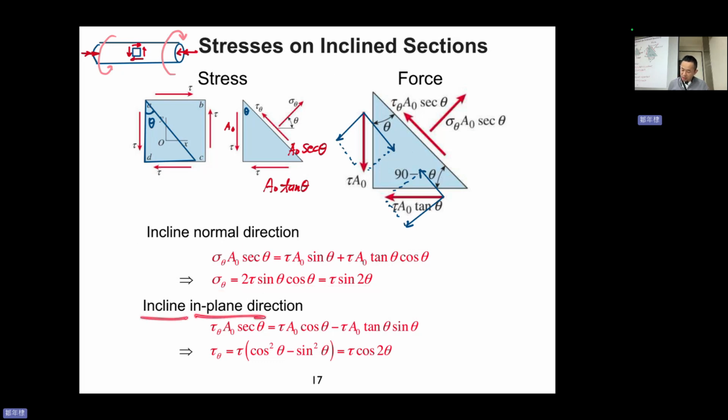And in the in-plane direction, this one and that one and that one, summing together, we get tau theta equals blah blah blah. Okay, easy. All right. So although it looks complicated, you don't need to memorize it. All the procedures are so similar. Stress times area, and then become force, and then do the balance. Done. All right. That's it.